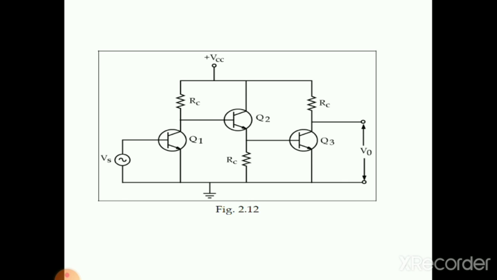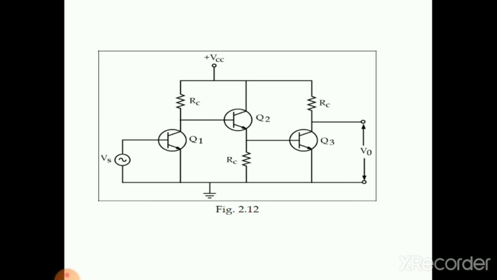Because of transistor action and amplification, the amplified signal will be available at RC. For the second transistor Q2, the input signal from the first stage RC is given to the base, and at the collector of Q2, that is RC2. If you label them RC1, RC2 and RC3, it will be easy for you to explain.